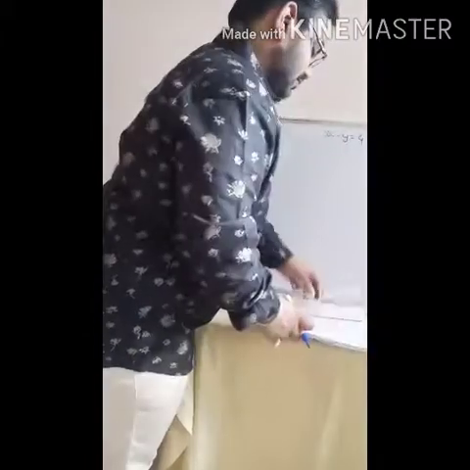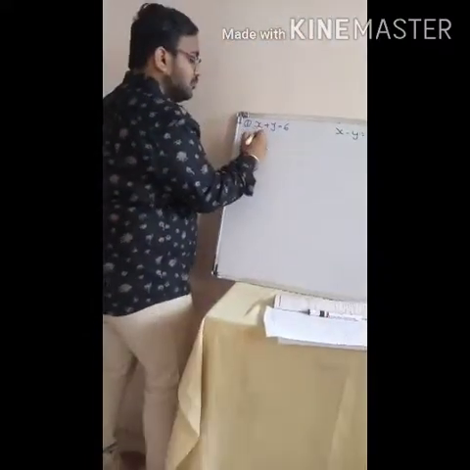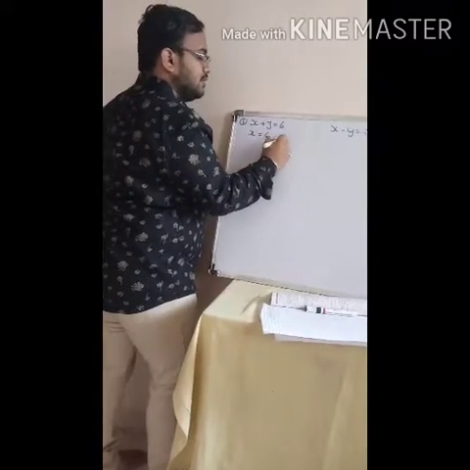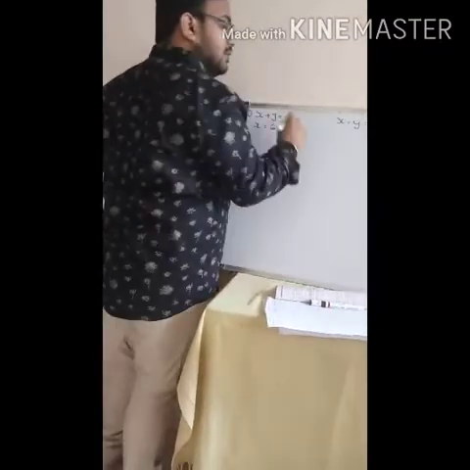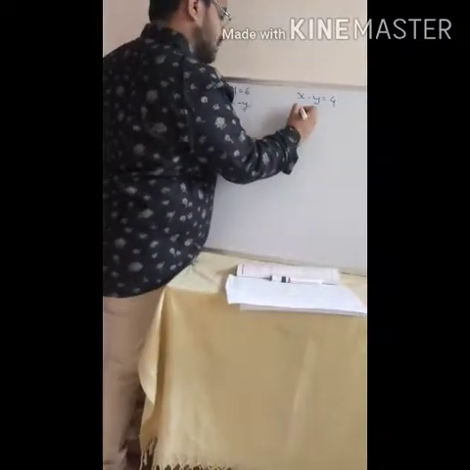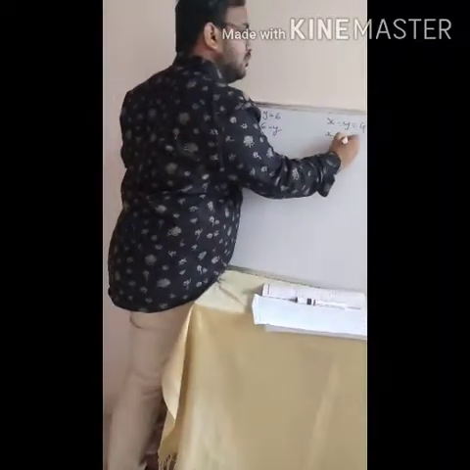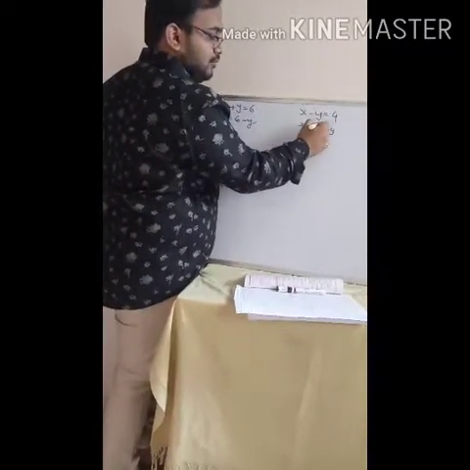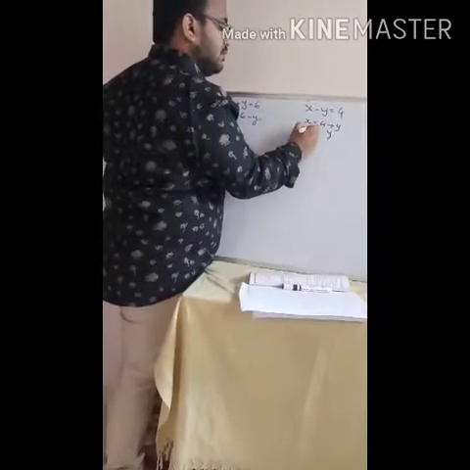So let's see. Here we will get x as 6 minus y. Now here we can't do it directly with minus y. So first we will form it in the x form. x minus y equals 4, so x equals 4 plus y. Now keep y on that side as it is and bring 4 to this side. So it will become x minus 4.